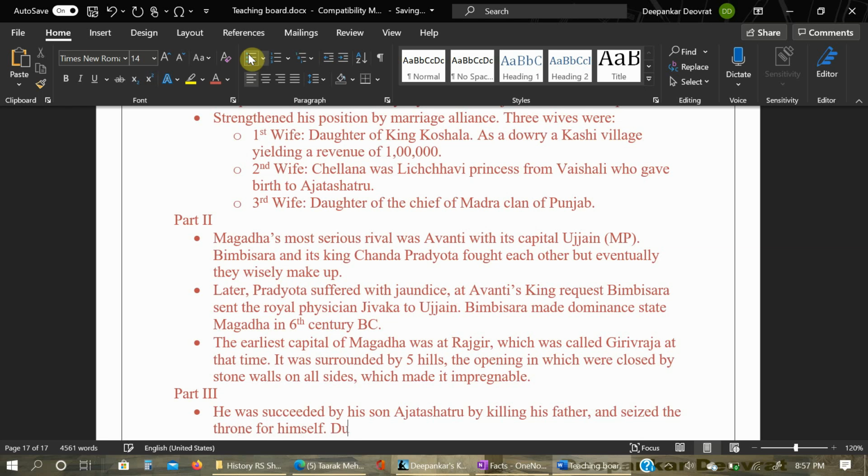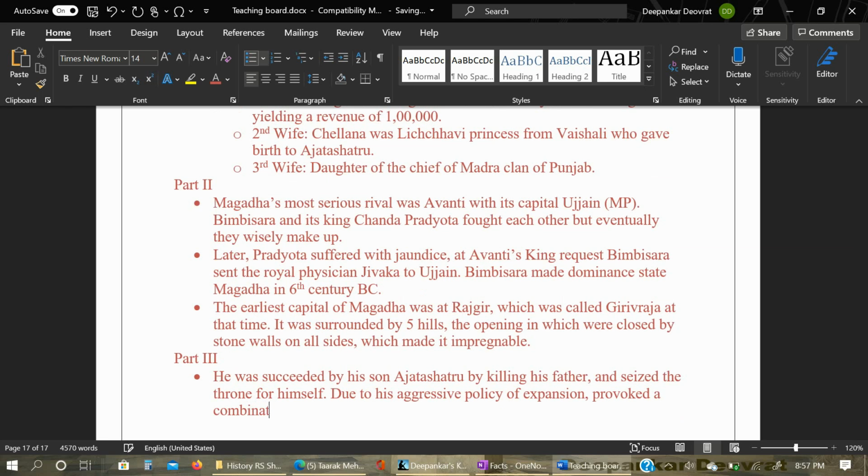And his aggressive policy of expansion provoked a combination of Kashi and Koshala against him.